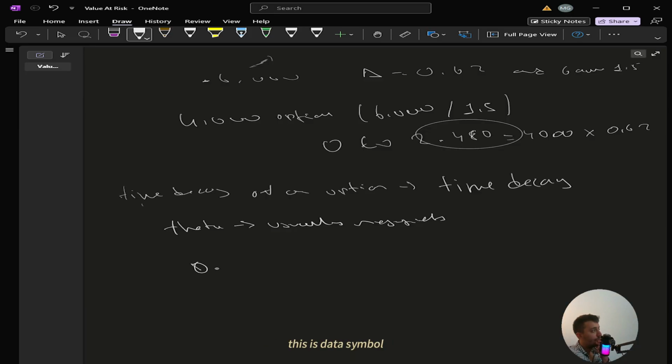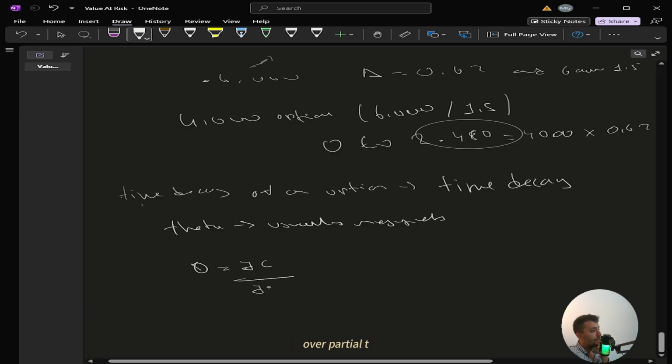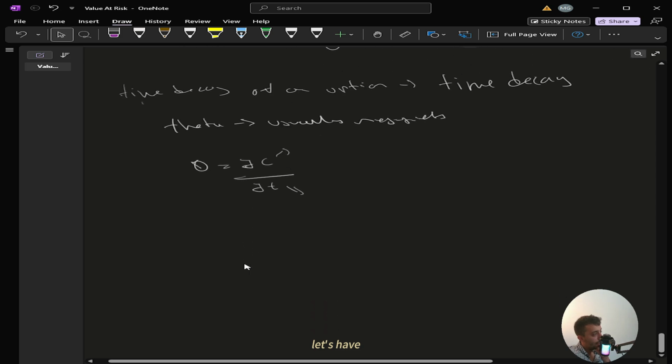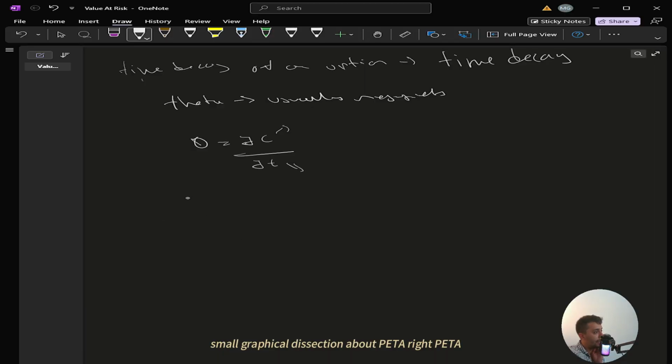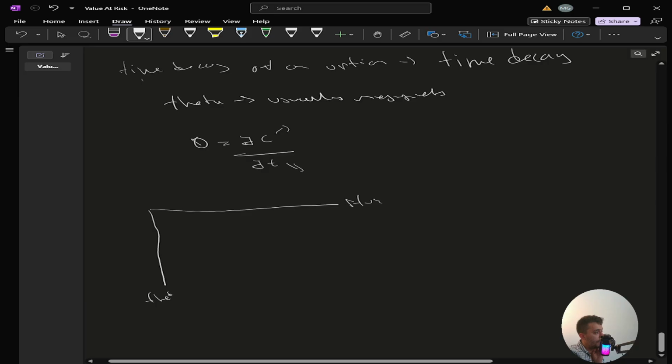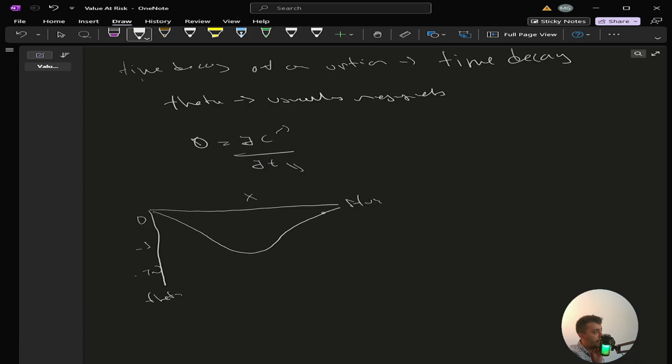This is the theta symbol, and it is equal to partial call over partial t. This is the change in call, this is the change in time, this is the sensitivity. Let's have a small graphical depiction of theta. Theta against stock price, theta 0, time, strike.